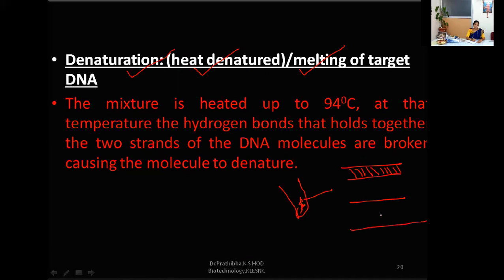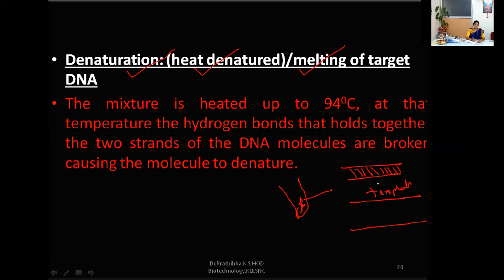When we subject this DNA molecule to a temperature around 95 or 92 degrees Celsius, the hydrogen bonds will be broken down and you'll get the single stranded DNA, and this is known as the template.